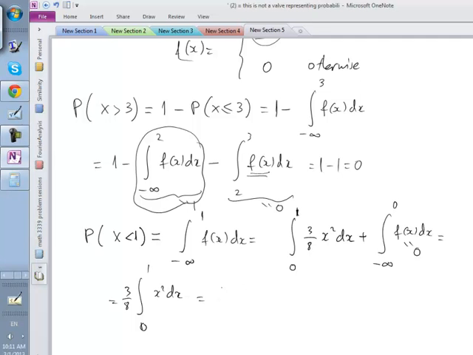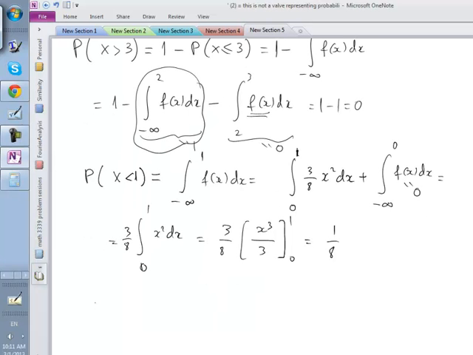So that gives us 1/8 if we do the calculation. If you do the calculation that x will exceed 1 and will not exceed 2, you will find that this is greater than 1/8.